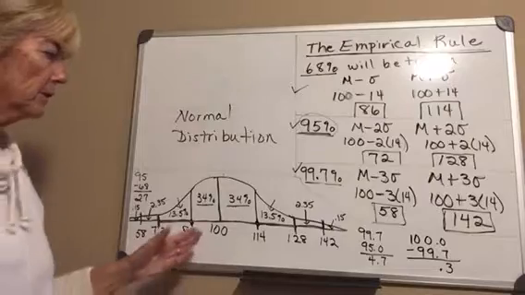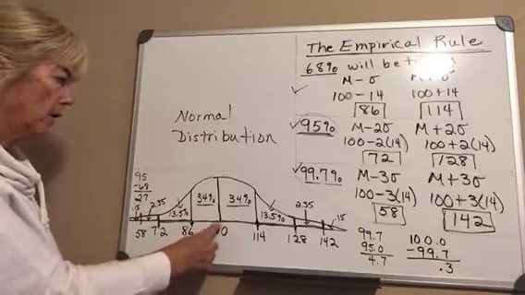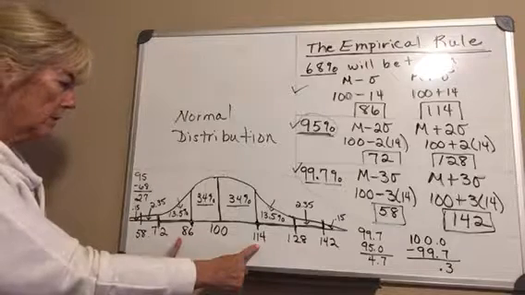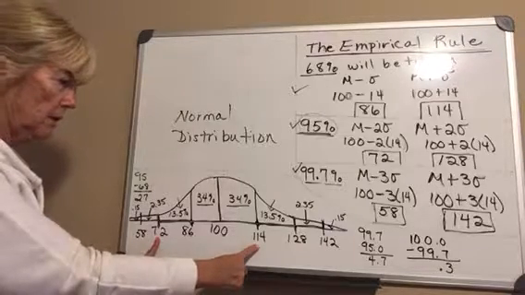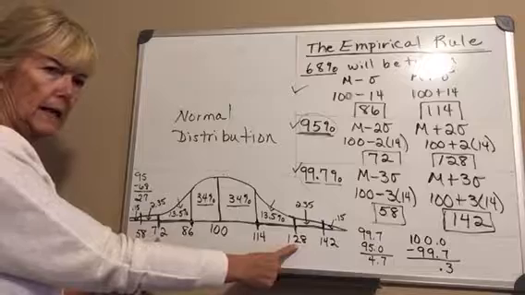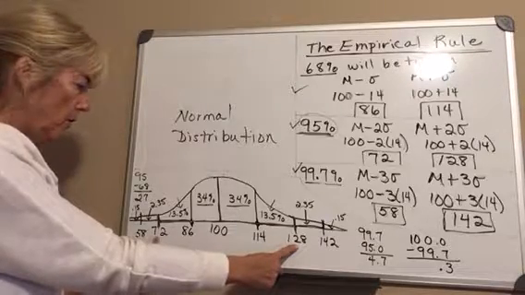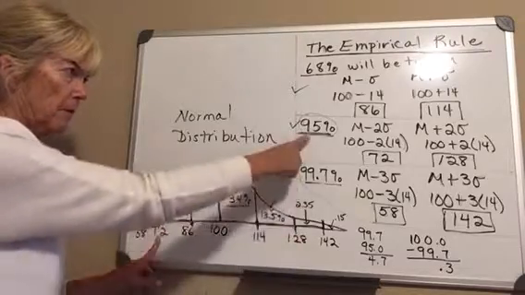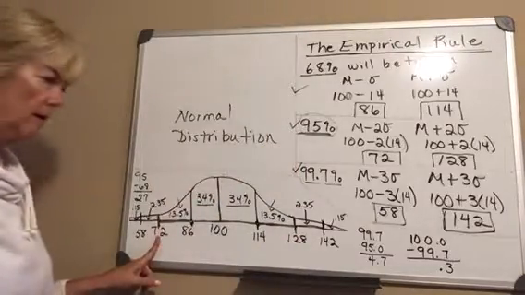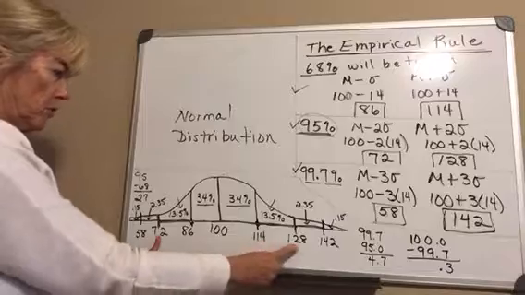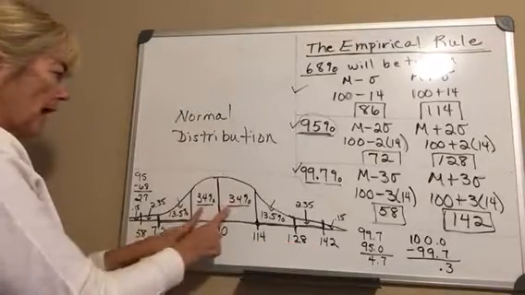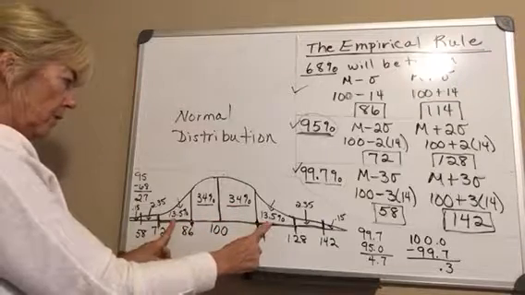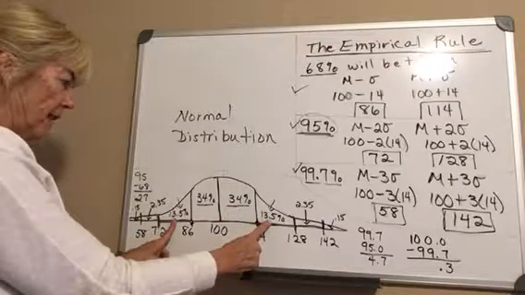So what happens to this 72 and this 128? Let's go back down here to the curve. I was looking at 86 and 114, but now I'm going down to 72 and up to 128. When I go from 72 to 128, I'm supposed to be representing 95% of the distribution. You already had 68% in here, so how are we coming up with 13.5 and 13.5?